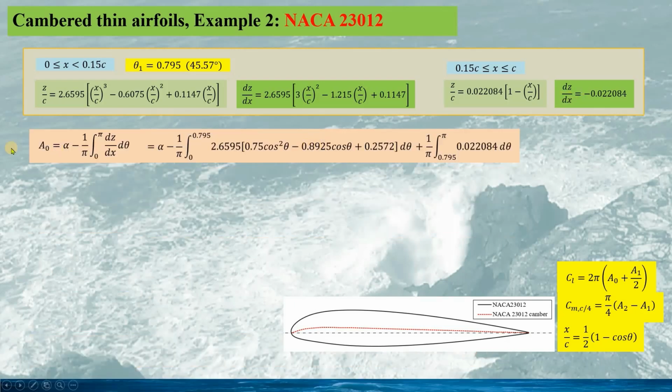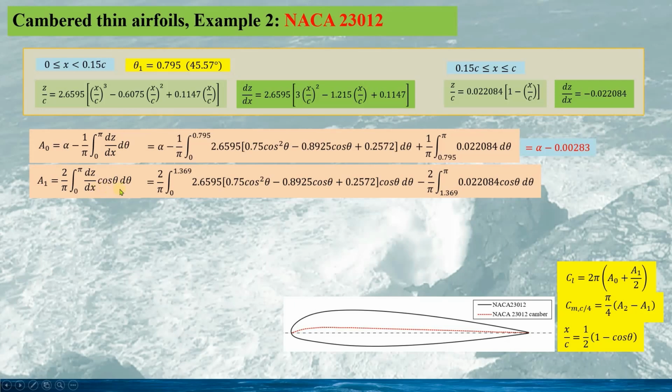Accordingly, we can obtain A0 as this, and we can see the integral would be more complicated, especially for the first term here. Hence, a computer program would be easier for getting the result. Here we have A0 as this, and A1 is calculated as this, and this integral would be more complicated.